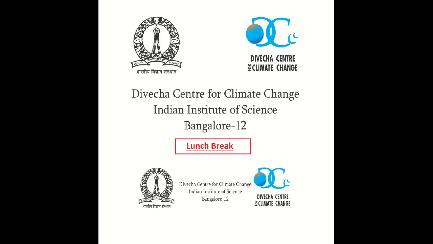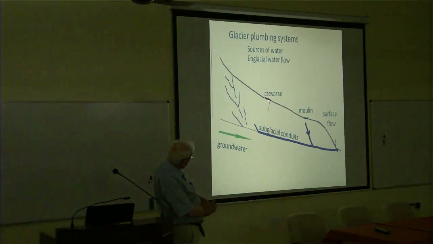Place, and somehow, and then into the rivers, and that's all. But in some cases, the water may be accumulated in the glacier, not moving all the time, as we talked about yesterday, but accumulating sometimes into subglacial lakes.